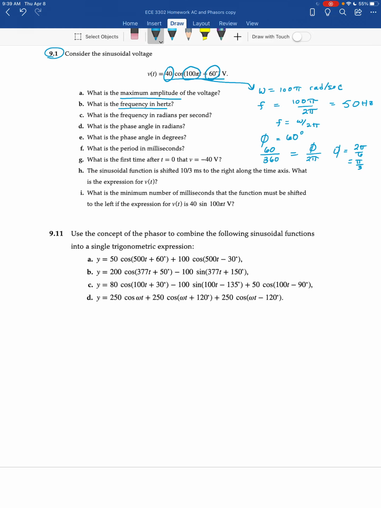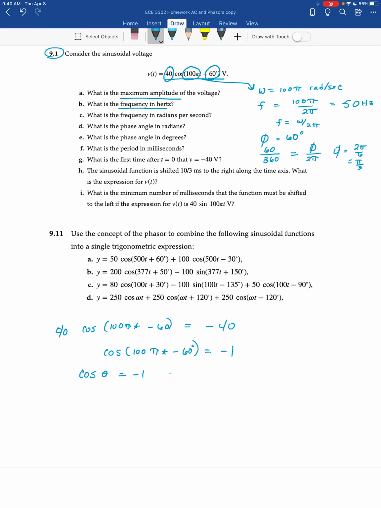Okay, what is the first time after t equals 0 that V is equal to negative 40 volts? So what we want to do there is we want to say 40 cosine of 100 pi t plus 60 is minus 40. And so cosine of 100 pi t plus 60 is minus 1.